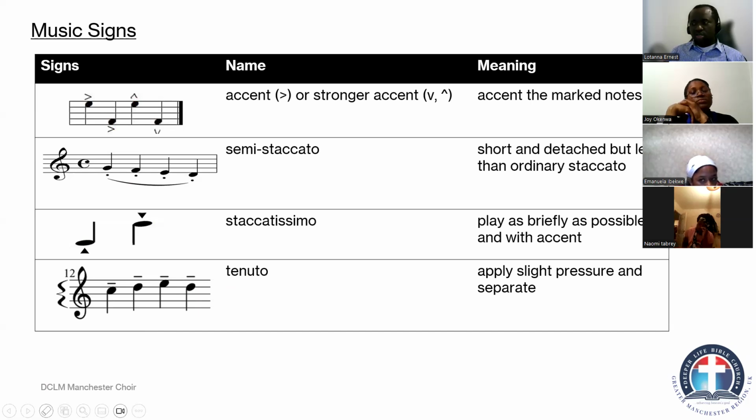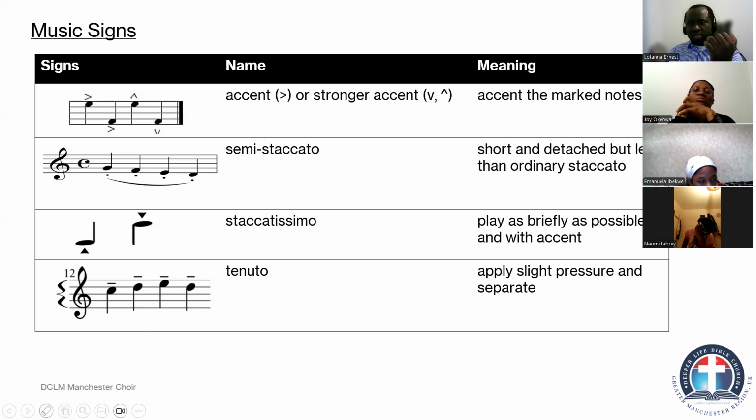You understand? This is actually for people that play the violin, because when you're playing the violin, or those that play strings, you are adding pressure to your strings.